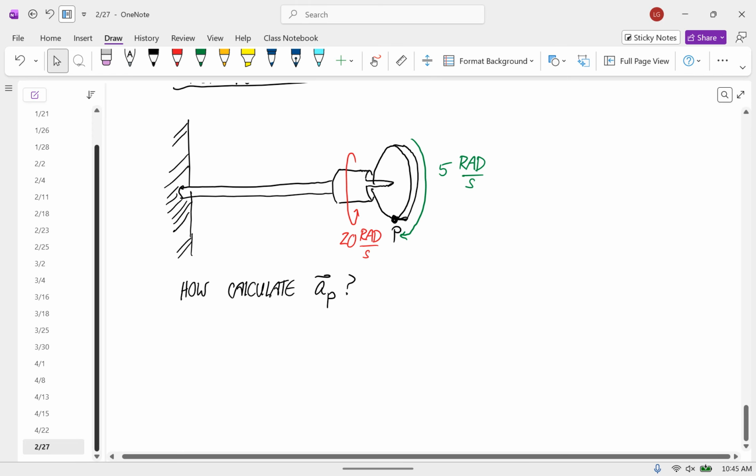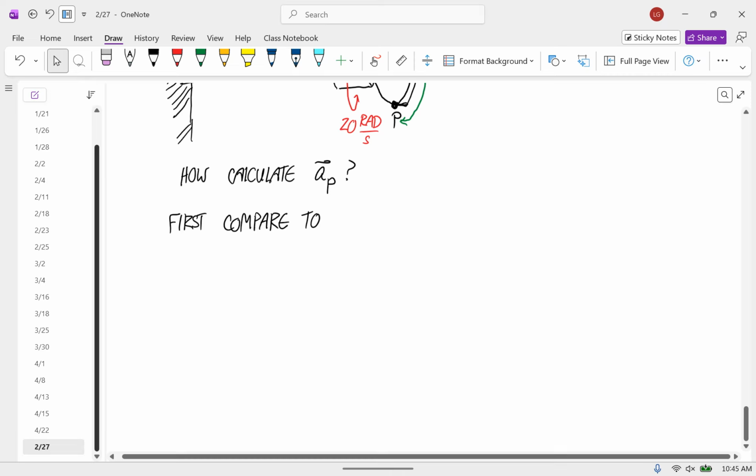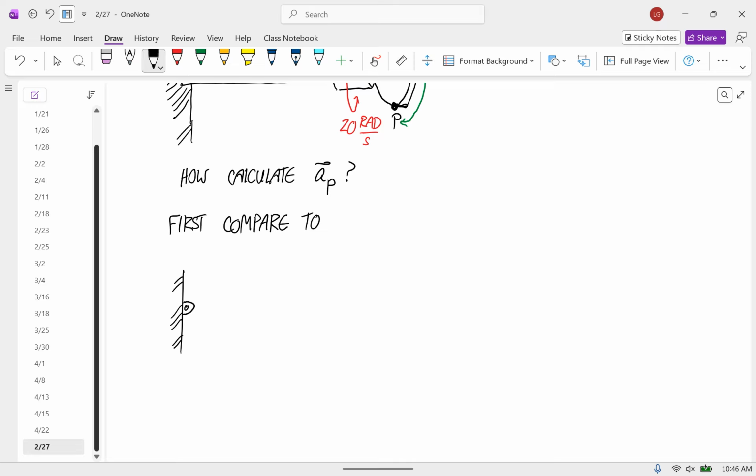And before we go into doing this, first, compare to this thing where we have a hinge on the wall that's connected to one body, and then a hinge connects it to another body.